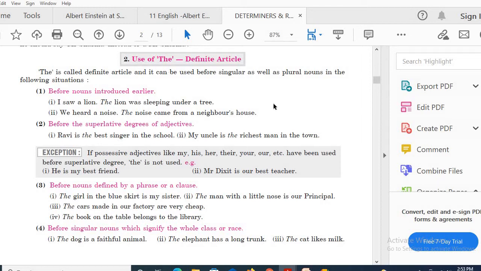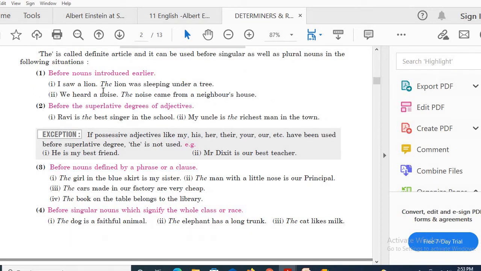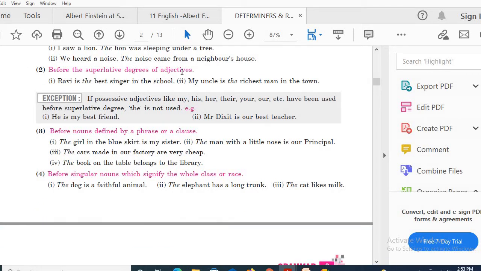See, the, as you know, is a definite article. It is used before nouns introduced earlier. Just like I saw a lion, the lion was sleeping under a tree. Before superlative degrees or adjectives also the definite article the is used. Just like my uncle is the richest man in the town, Ravi is the best singer in the school.